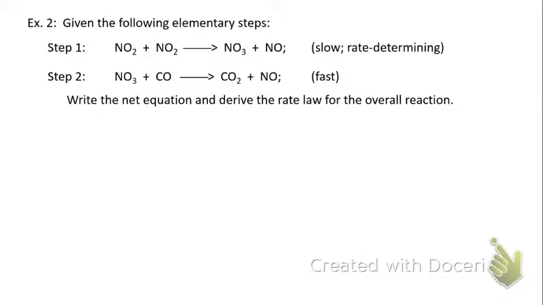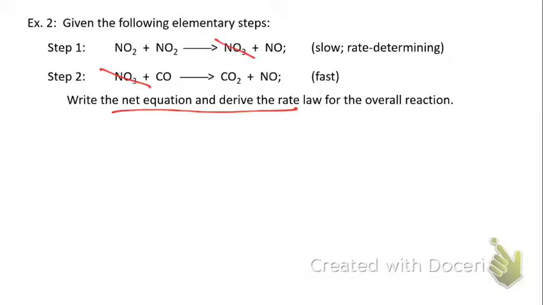Okay, so here's another one. Let's go ahead and add up the equations to give the overall reaction. What can we eliminate? We can eliminate NO3s. Can we get rid of anything else? I don't think so.